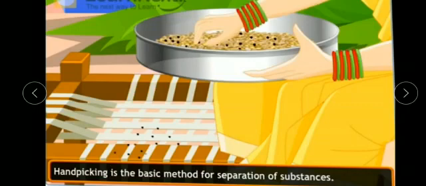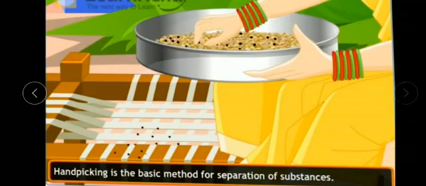She used to take out the impurities from the rice, pulses. This is called hand picking because she is doing it by hand. When you are separating two components with your hand, this is called hand picking.